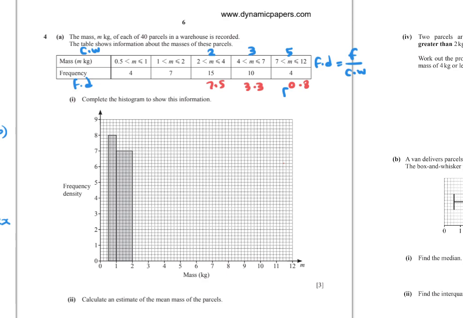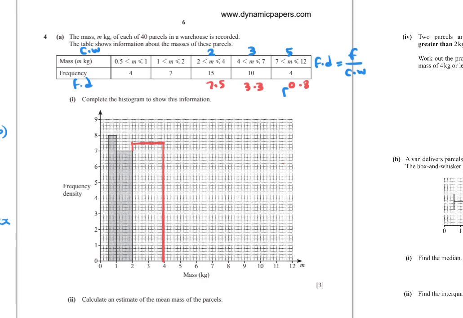Okay. This is from 2 to 4. Now from 4 to 7, 3.3.